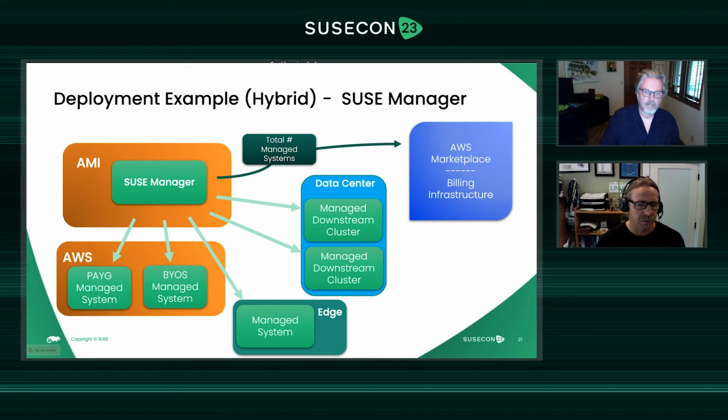And for systems that are BYOS, for which you have an entitlement, those systems are then subtracted from what we're reporting to the cloud provider for billing, right? So you can enroll all your systems and you no longer have to worry about compliance, because SUSE Manager will do the counting for you and will automatically subtract the ones that are covered under your subscription from SUSE, and it will report the ones that are pay as you go, right?